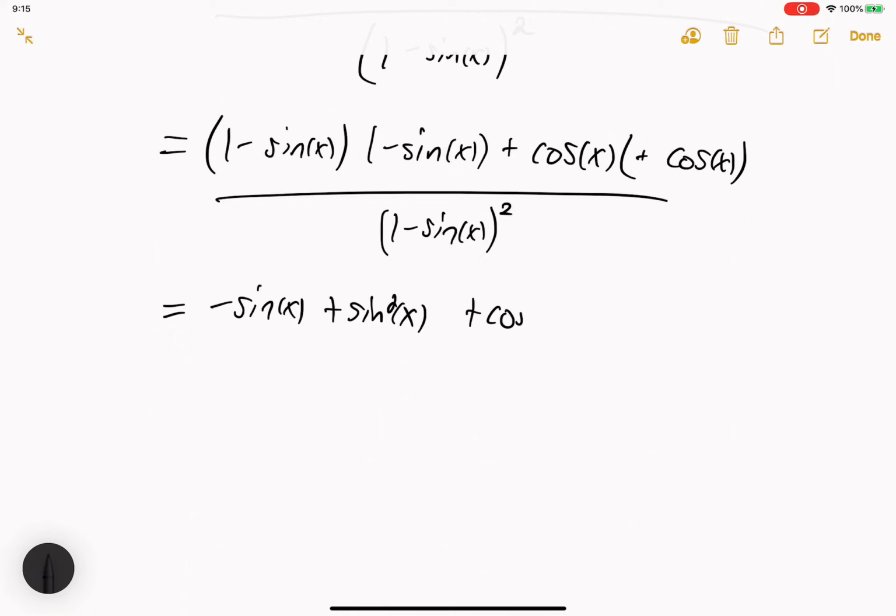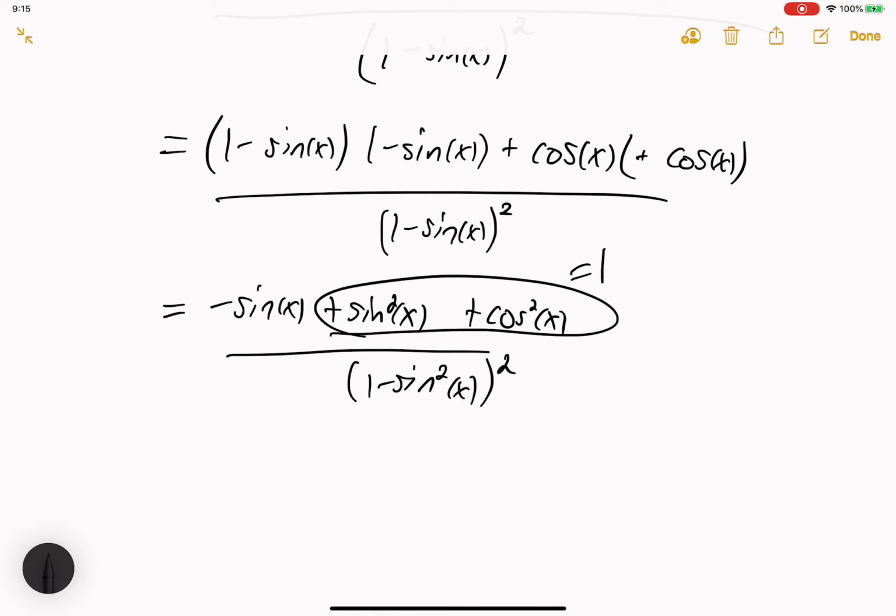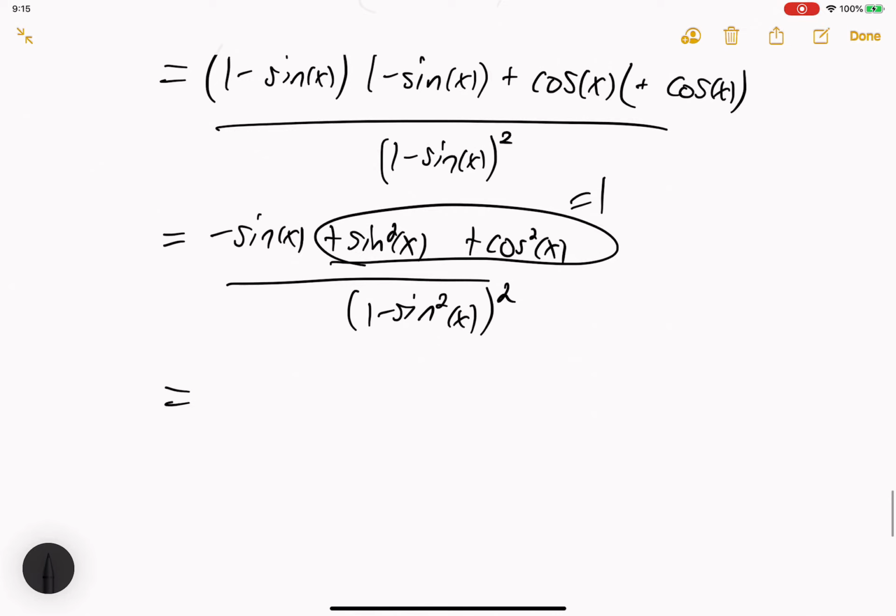So plus cosine squared of x, and then all divided by 1 minus sine squared of x still. And remember what I said last time about this? This is equal to 1. So we just get 1 minus sine of x.